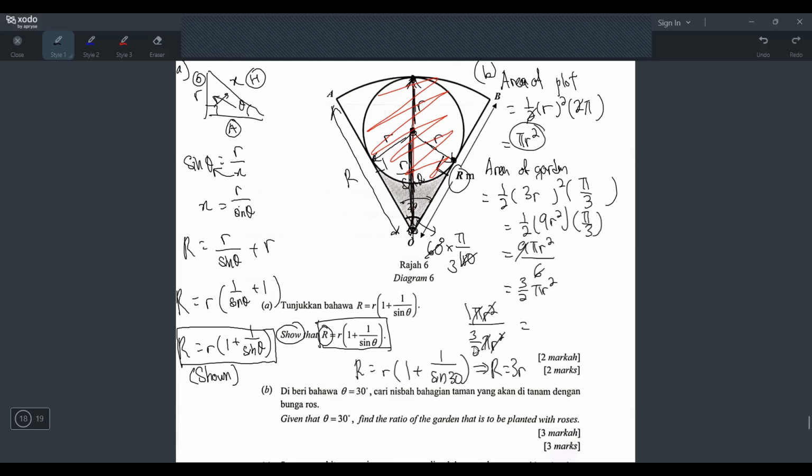What is 1 divided by 3/2? 1 divided by 3/2 means 1 times 2/3, so it will be 2/3. It means the ratio here is 2/3. Let's read again. Find the ratio of garden that is planted with roses. So the ratio of planted is 2/3. It means the rose area is 2, but the total is 3. So the roses only occupy 2 portions, but the total area is actually 3. Okay, so I think this is how you do it.